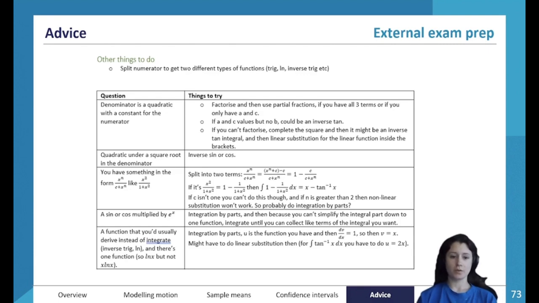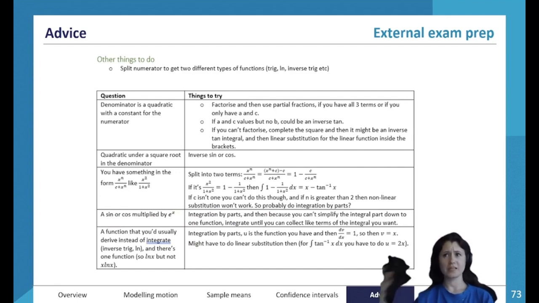So, as an example, simplifying things in this form, you can follow these steps, or if you have a sine or cos multiplied by x, then you can follow these steps to integrate, that kind of thing. And it's really explicitly writing down everything that you see in your textbook.